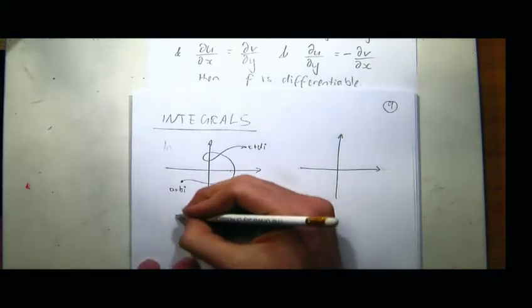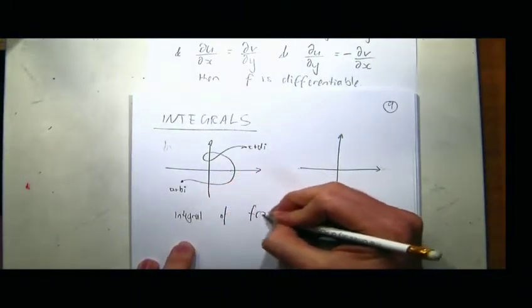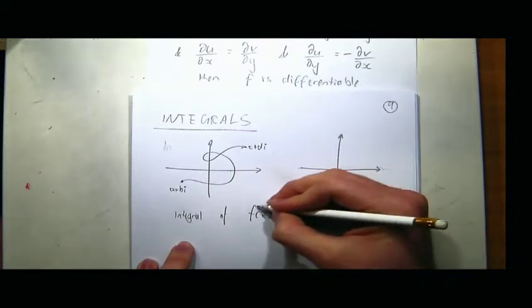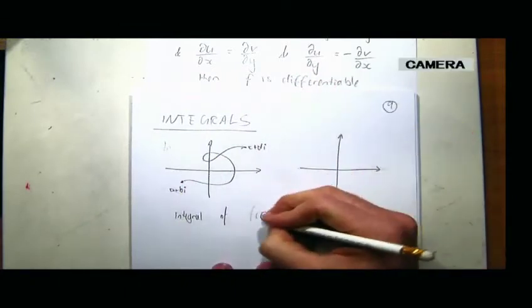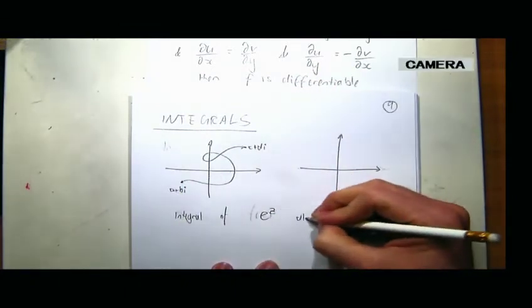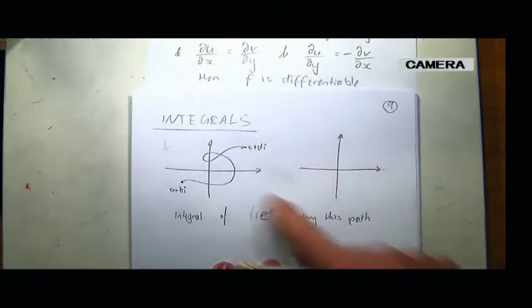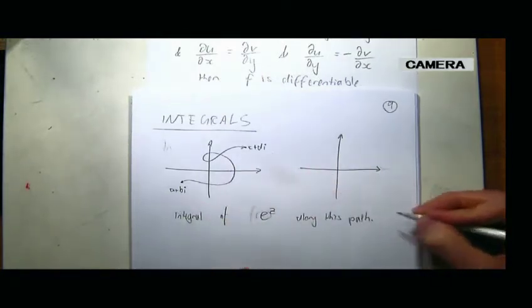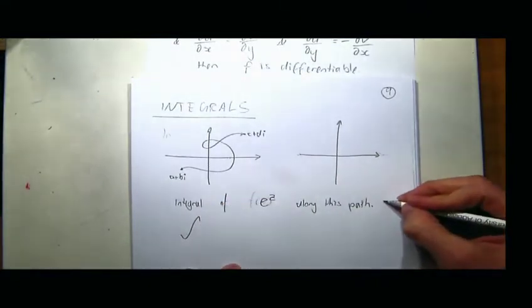So if I said integral of some function, let's just do a classic function like e to the z, along this path there, which is called c.